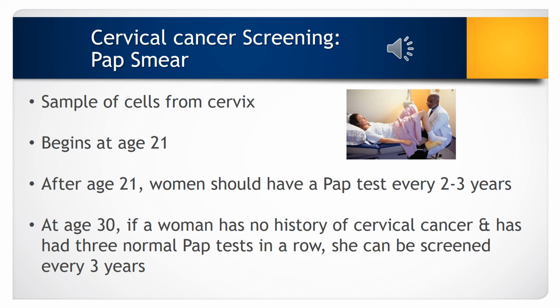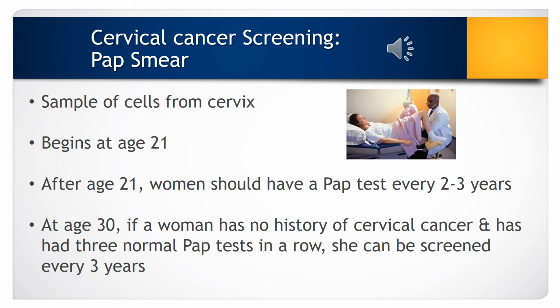Now, this virus has over 30 different strands, but we know that there are some strands that are specific to cervical cancer. The guidelines for screening, or when a woman should have a Pap smear, have changed.